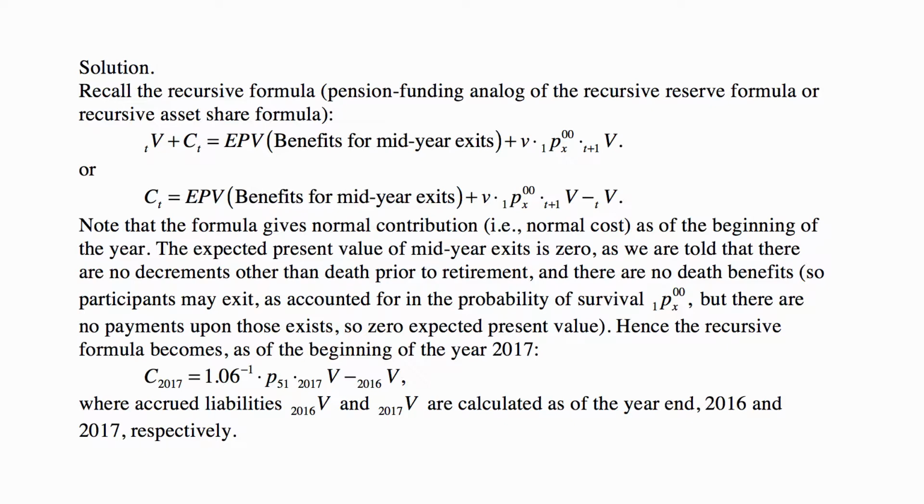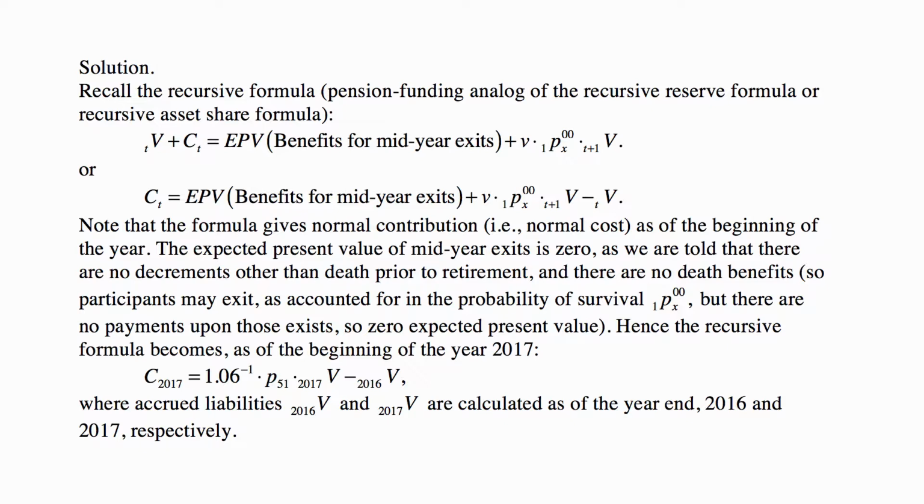So you can write it as the accrued liability, or it's like a reserve, tV, plus the premium, which is the normal contribution, CT, is equal to the expected present value of benefits for mid-year exits, assuming only mid-year exits, plus the present value of the accrued liabilities for those who survive till the end of the year.